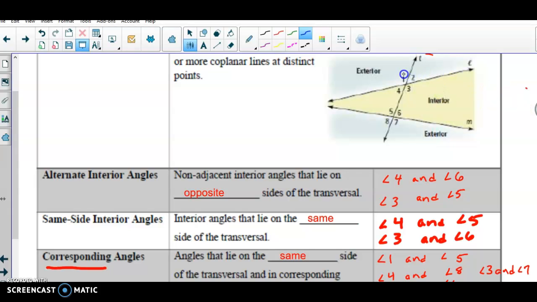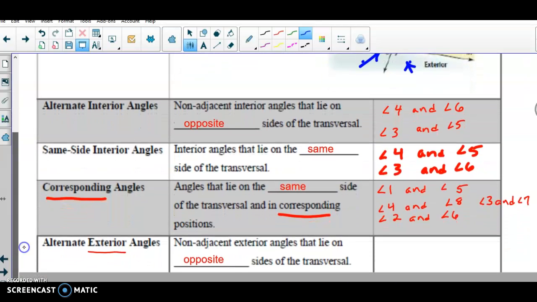So I've got angles 1, 2, 8, and 7. But when we talk about our pairings, they have to be on different sides of the transversal. So 2 and 8 would be alternate exteriors. 1 and 7 are alternate exteriors. Remember, we always talk about them in groups of 2. It's a pair.